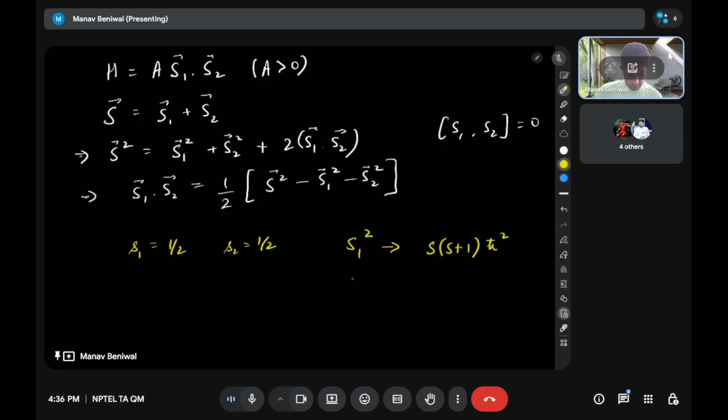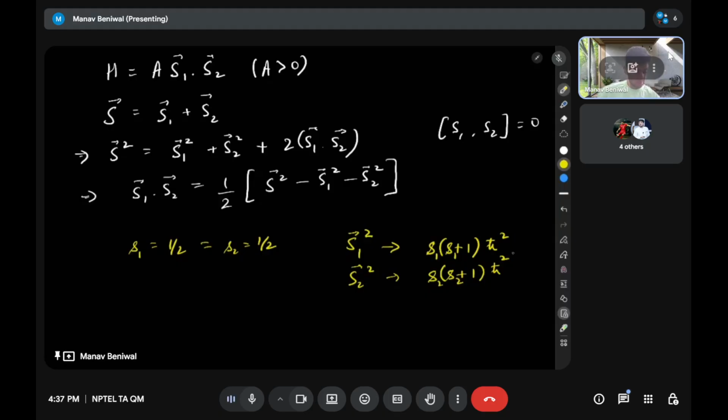Similarly, for S2 squared we get the same thing, S plus 1 times h cut squared. S1 is half and S2 is also half, so they are the same.